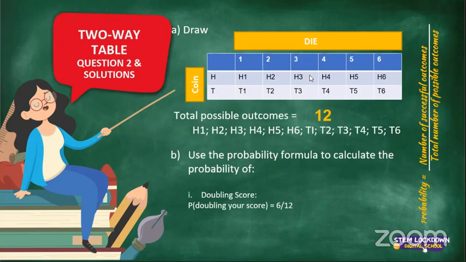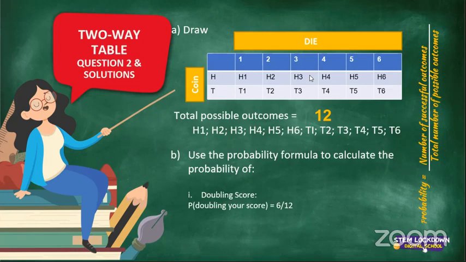Now, if we had to simplify that, how do we simplify 6 over 12? Does 6 go into 12? Yes, it does. There we go, Vicky. Fastest fingers.